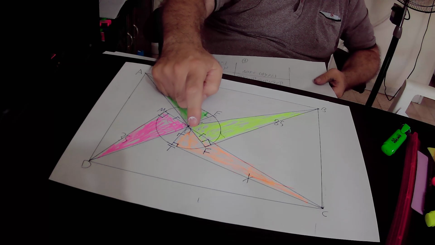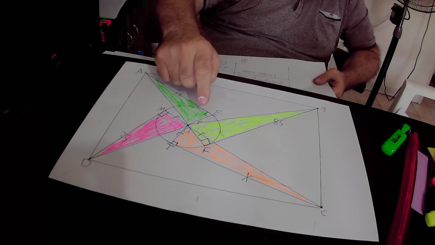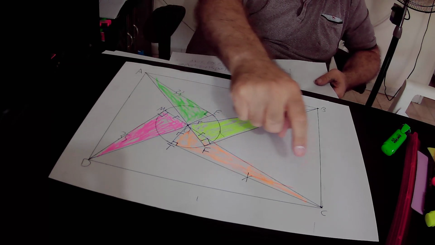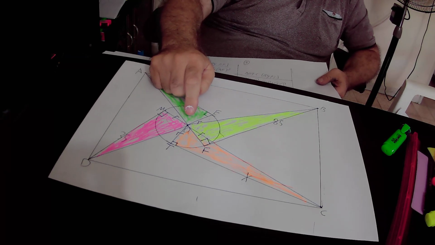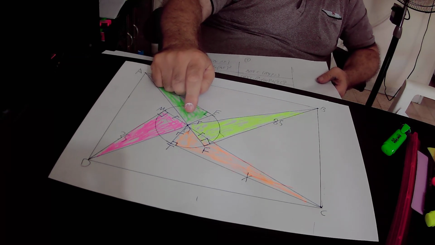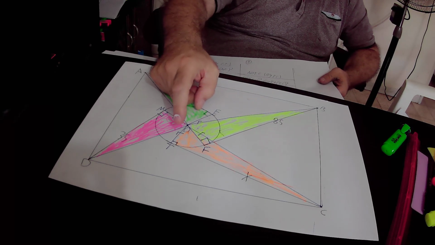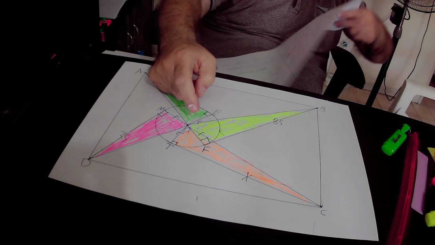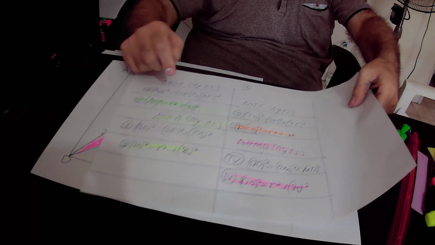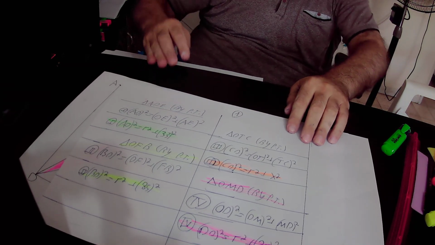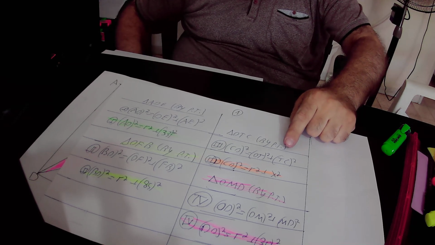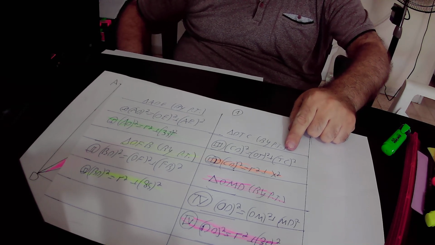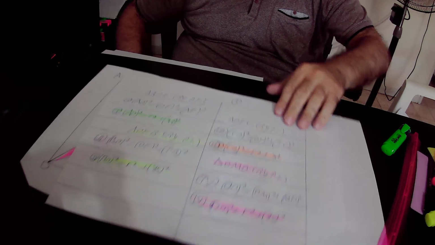Then we joined points O and C together by a straight line. In this way, we created the orange right triangle, triangle OTC. In the orange right triangle OTC, according to the Pythagoras theorem, CO square equals OT square plus TC square.